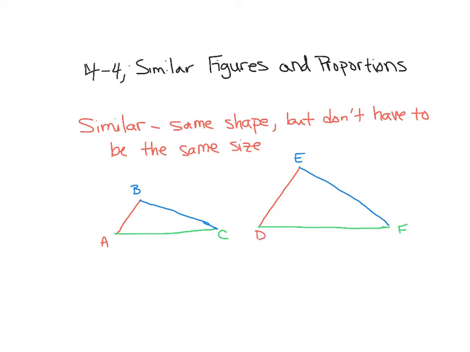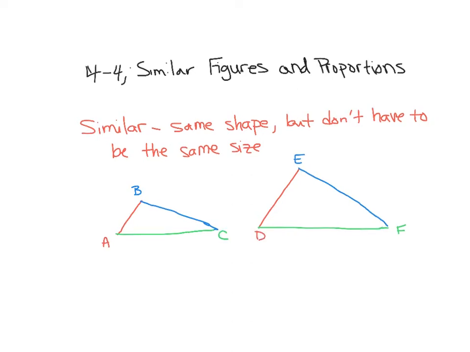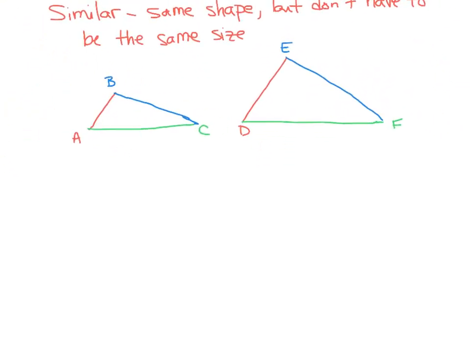Okay? So, corresponding angles is our next vocabulary word. And basically, those are angles in the same place. So, for instance, this red angle here, actually we'll go red.